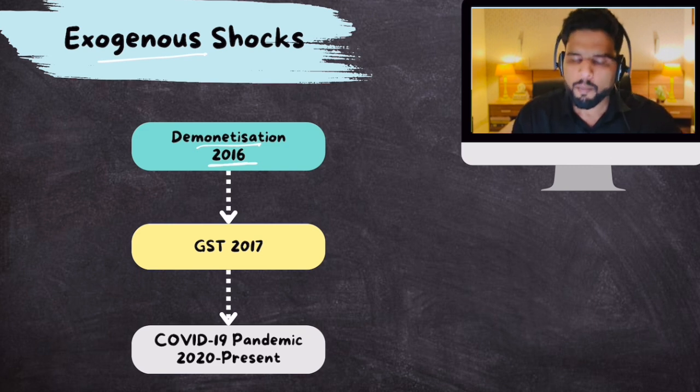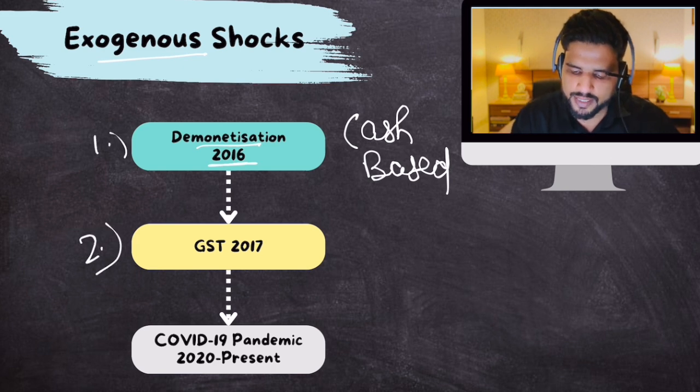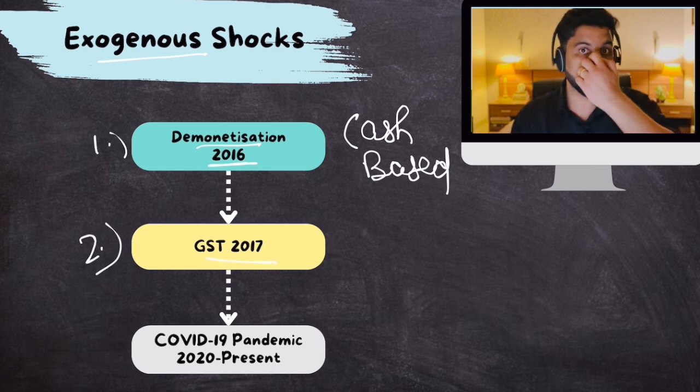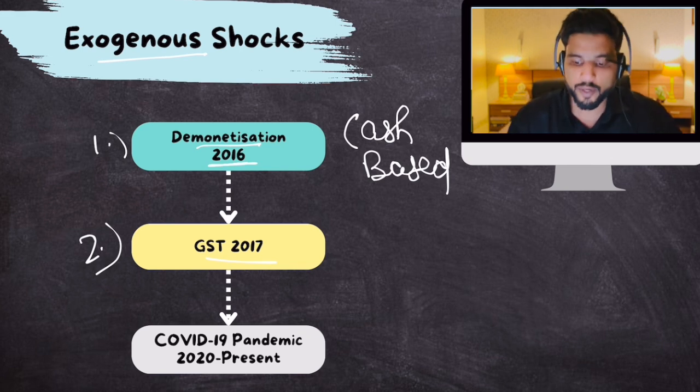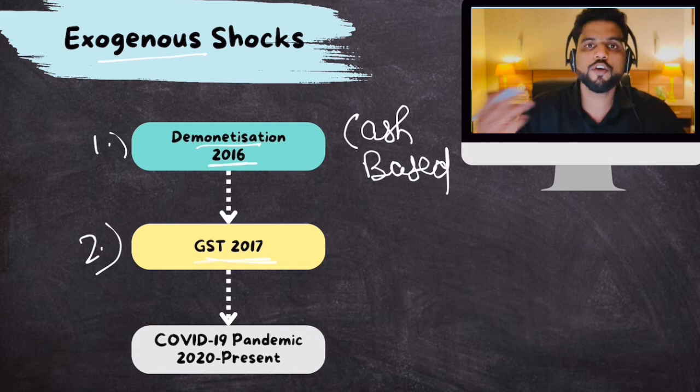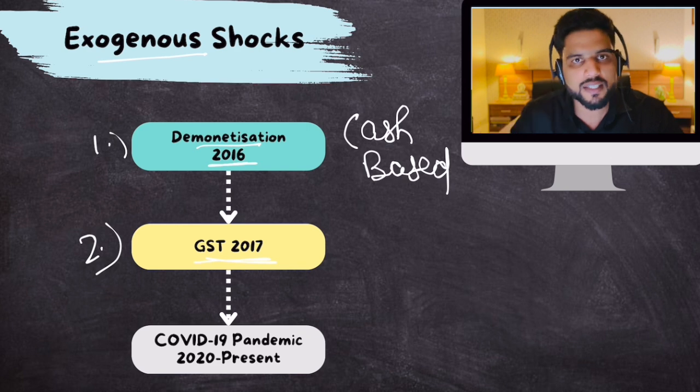Most of these informal enterprises are cash based, so with demonetization, they naturally suffered. Then the second big shock was GST implementation, because these small informal enterprises are suppliers of raw material to registered enterprises. Because these registered enterprises were suffering due to GST implementation, they were not placing enough orders with the informal enterprises. That's why they suffered.